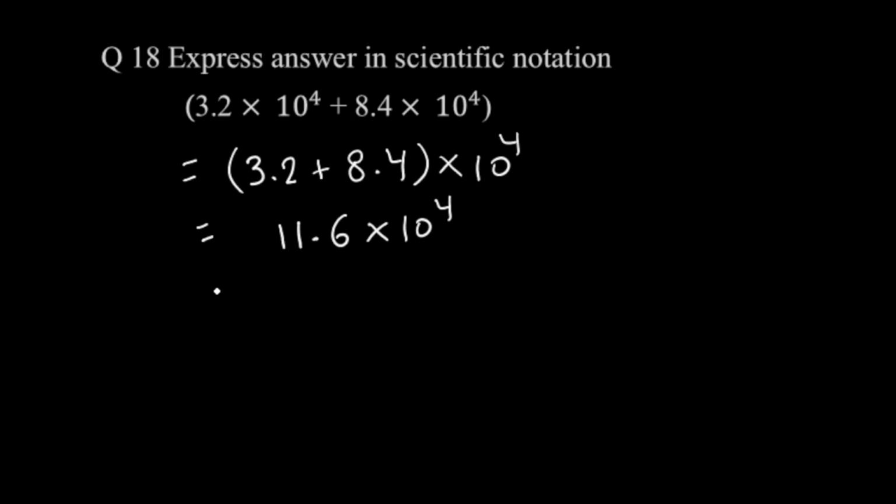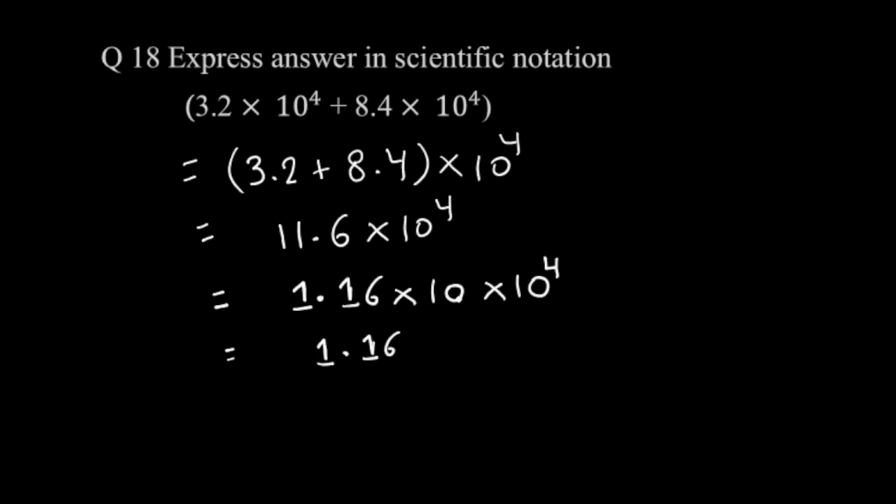This is not correct scientific notation form. How can we make it? We have to move the decimal one unit left. 1.16. If you move the decimal one place left, then we multiply by 10 to the power 1.